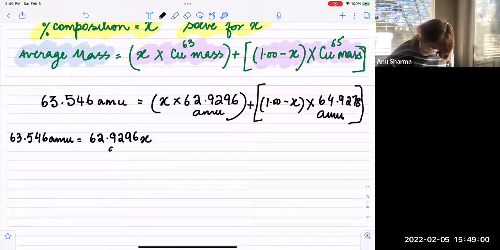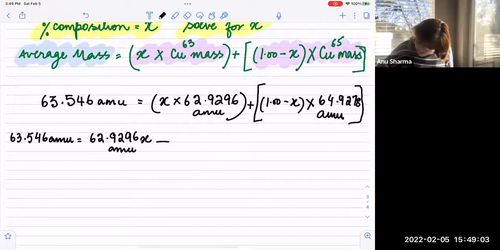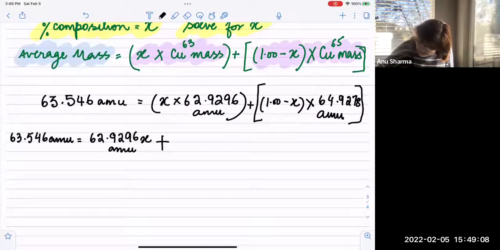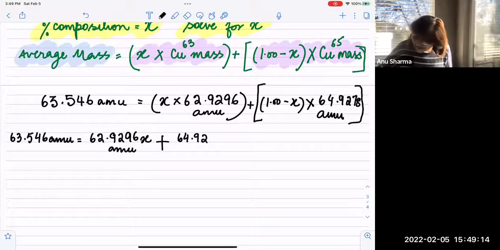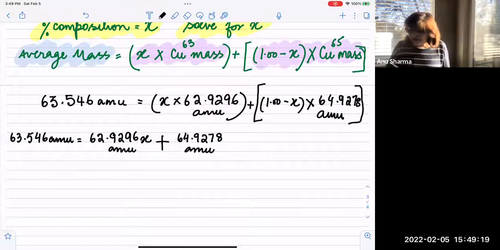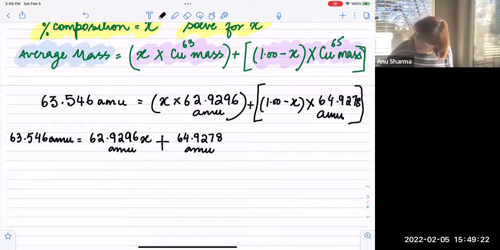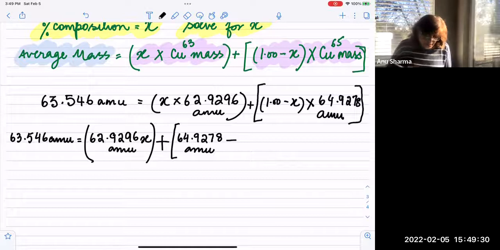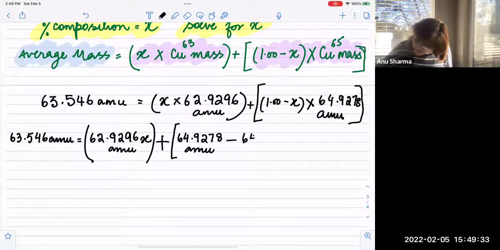So X AMU plus 1 multiplied by 64.9278 atomic mass units, minus, and let's just keep it in the brackets, 64.9278X atomic mass units.